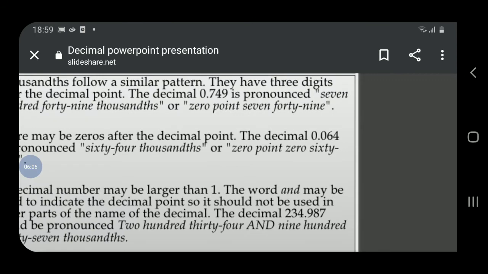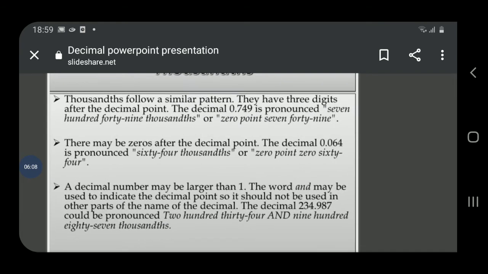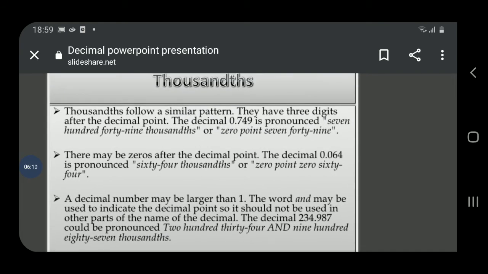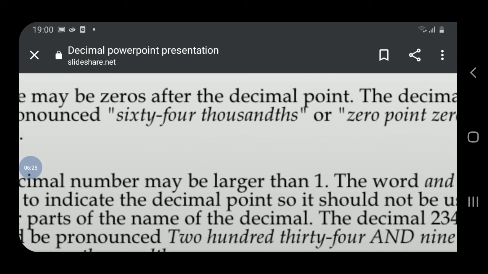Now, thousandths are a different thing. Thousandths follow a similar pattern. Like we understood 3 with 7, I will show you another example. We have 0.370. I'll show you again.